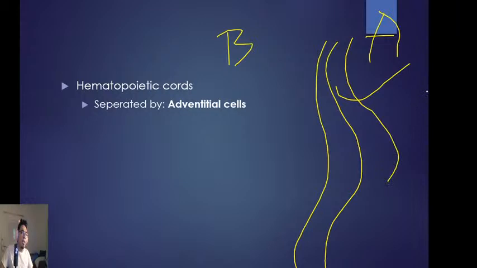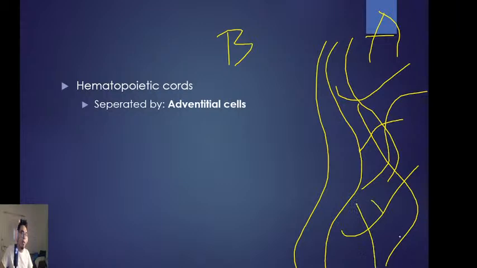Why do they call it cords? Because it looks like a string of cells. These strings of cells release into the corpusa adventicula, and it will go out to the peripheral blood. Every cell that undergoes differentiation and maturation will come out here, separated by adventitial cells.